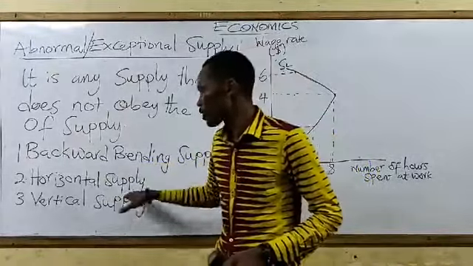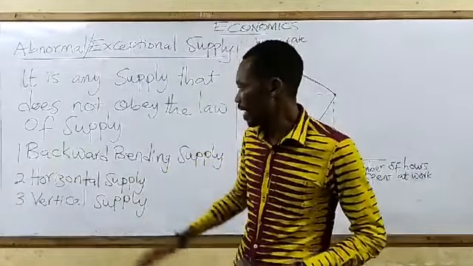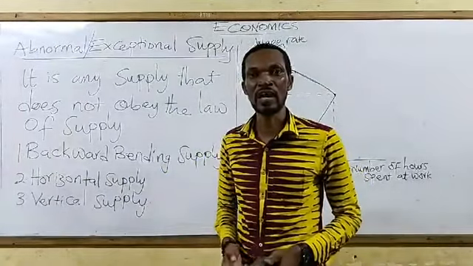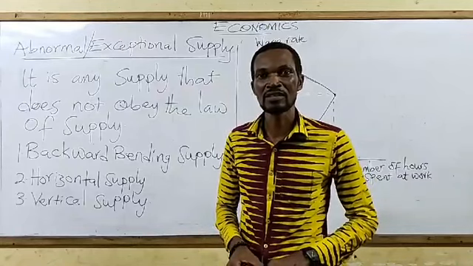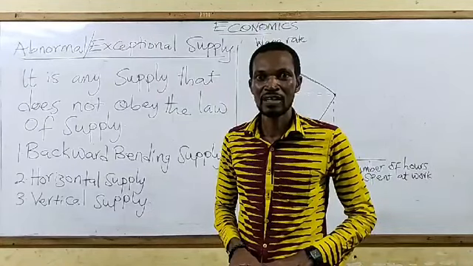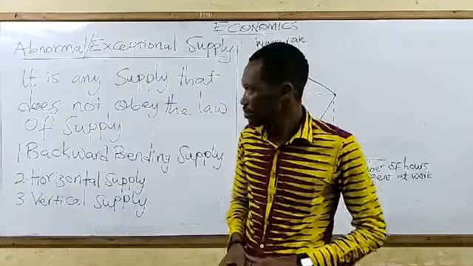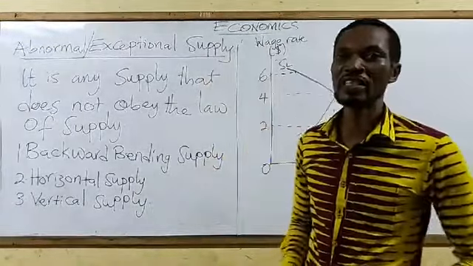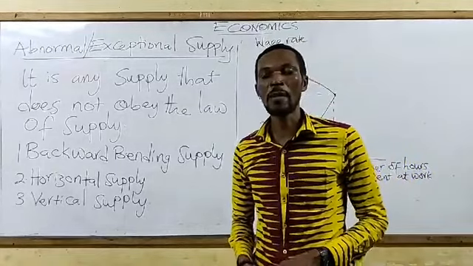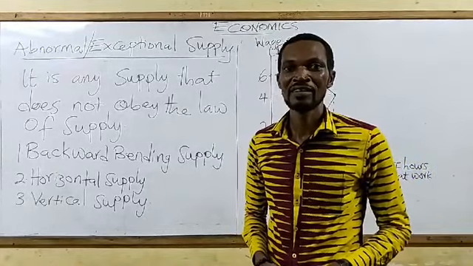Then we have the horizontal supply. Then the last one, the vertical supply. These are the 3 types of abnormal or exceptional supply that we have. Okay. So we take the first one, which is the backward bending supply.